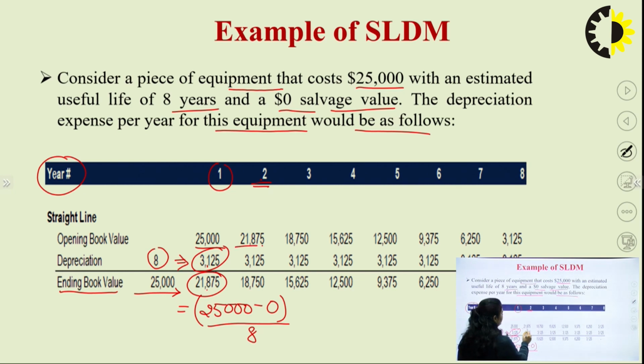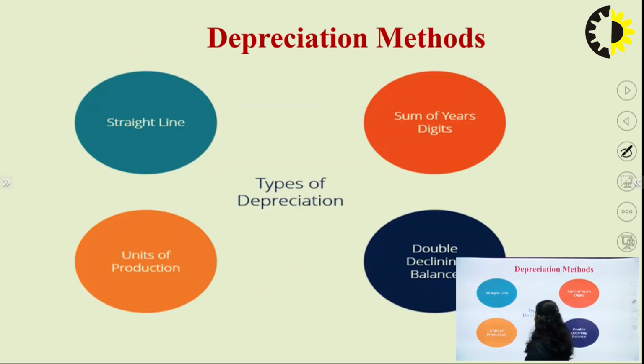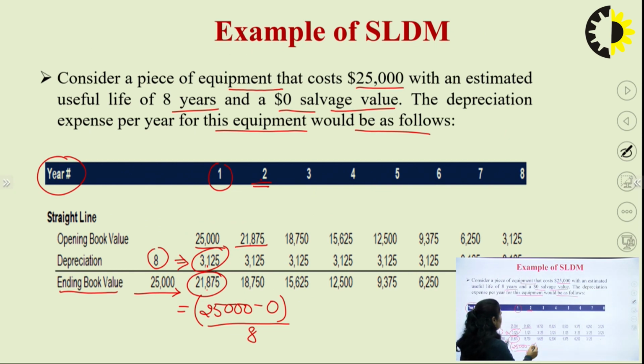So, we have written 21,875 here, and as we have also discussed, in this particular method we will have an even rate of depreciation every year. So, this value will be the same for every year. At the end of the second year, we have 18,750. So, this will become the opening book value of the third year.